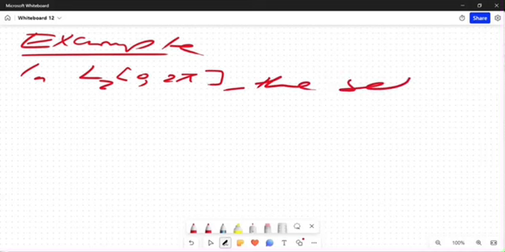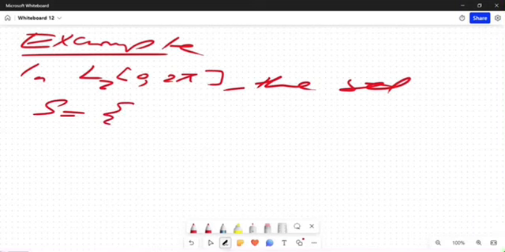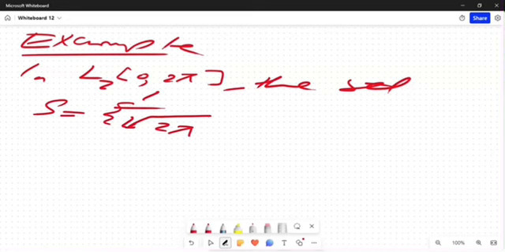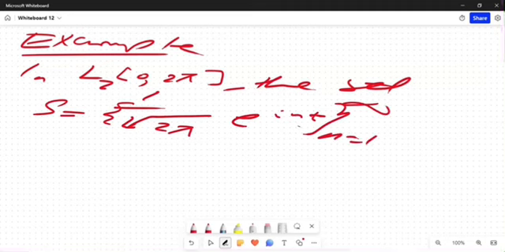In that space, the set S, which is equal to 1 over root 2π, 1 over root 2π exponential of int, of course, this is like a sequence counting from n equal to 1 to infinity.